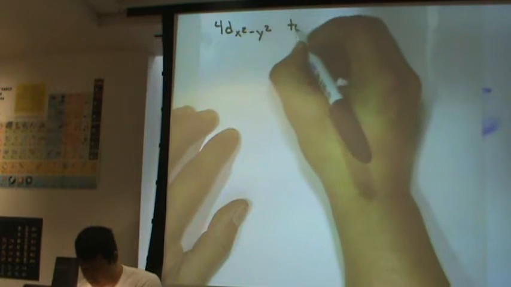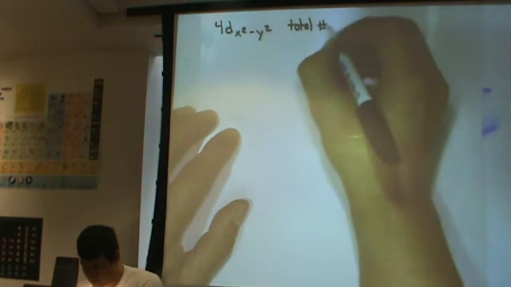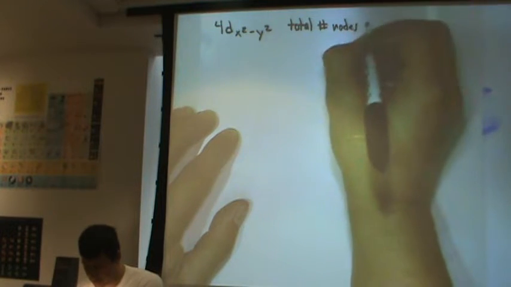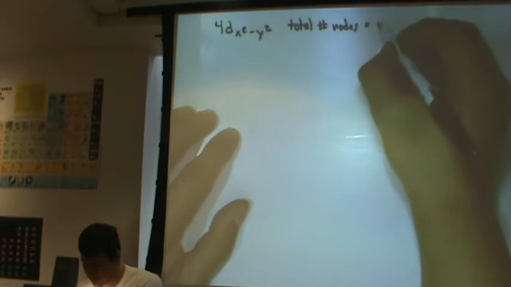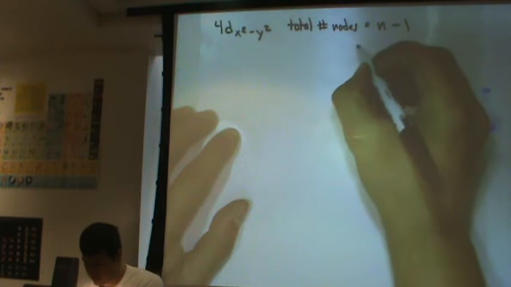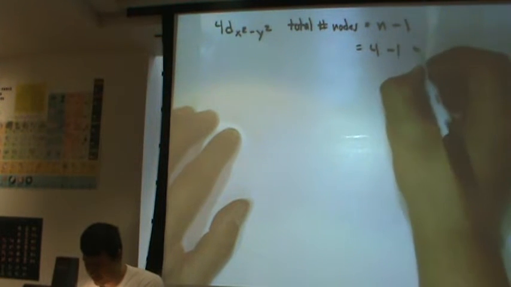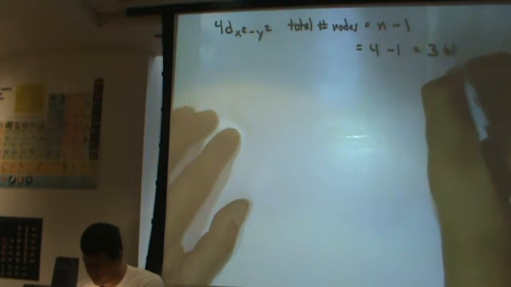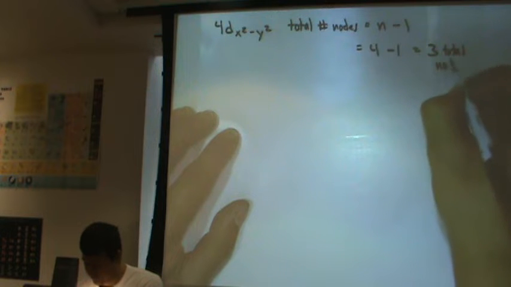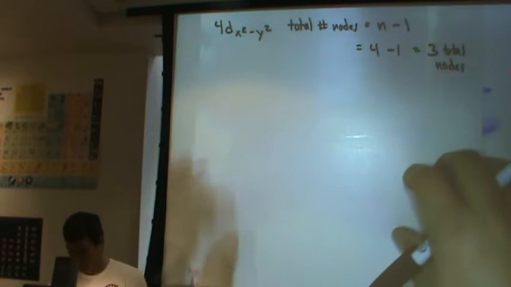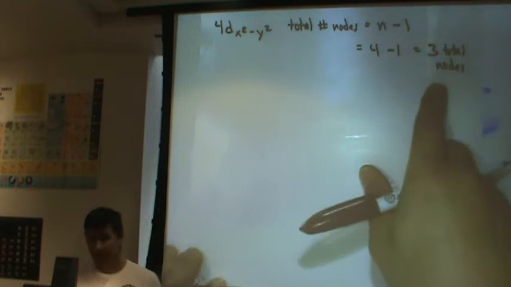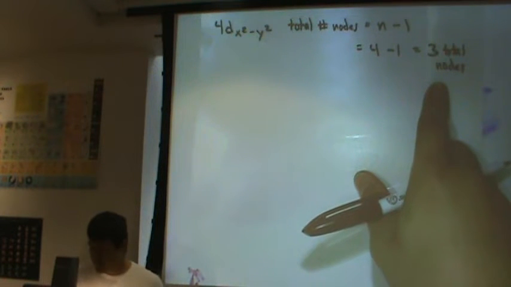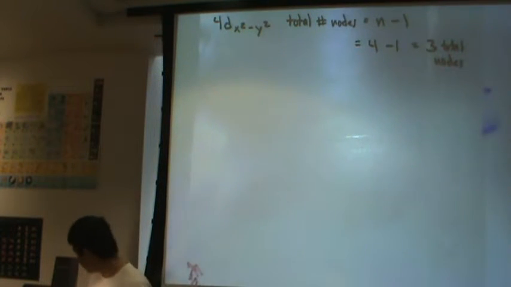Remember, the total number of nodes is equal to the principal quantum number minus 1. So here we have 4 minus 1, which gives us 3 total nodes. Some of these nodes can be angular nodes, some can be radial nodes.